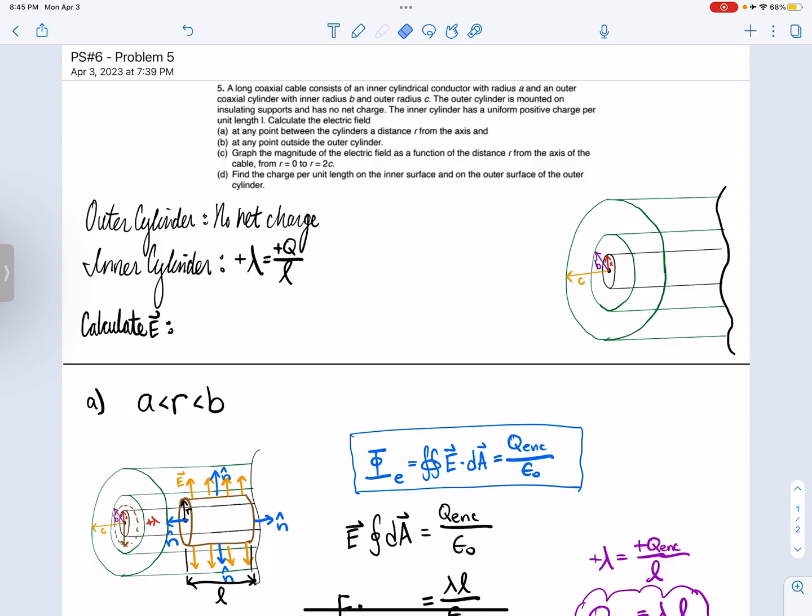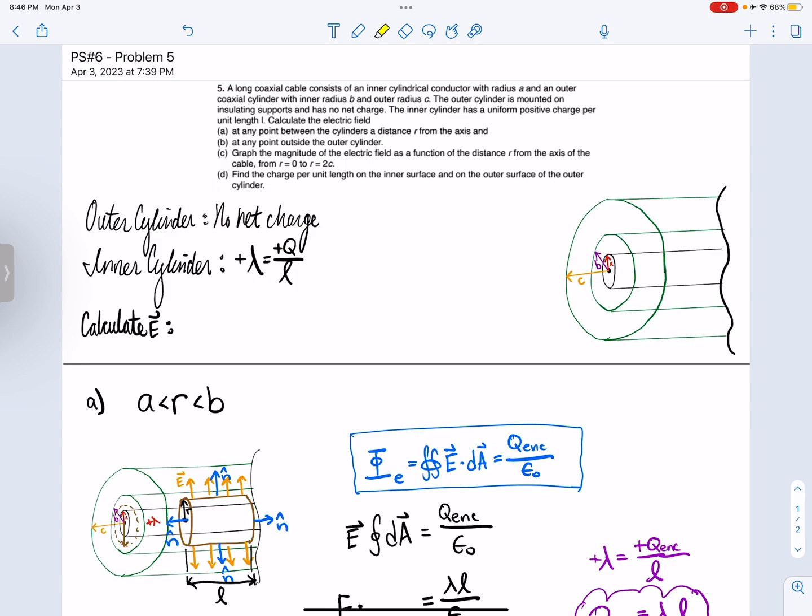Okay, so we have two cylinders, an inner cylinder right here with radius A, and an outer cylinder that's hollow on the inside with an inner surface radius of B and outer surface radius of C. So that's the second cylinder enclosing the inner cylinder with radius A. Another thing that's given is that the outer cylinder is on insulating supports and it has no net charge.